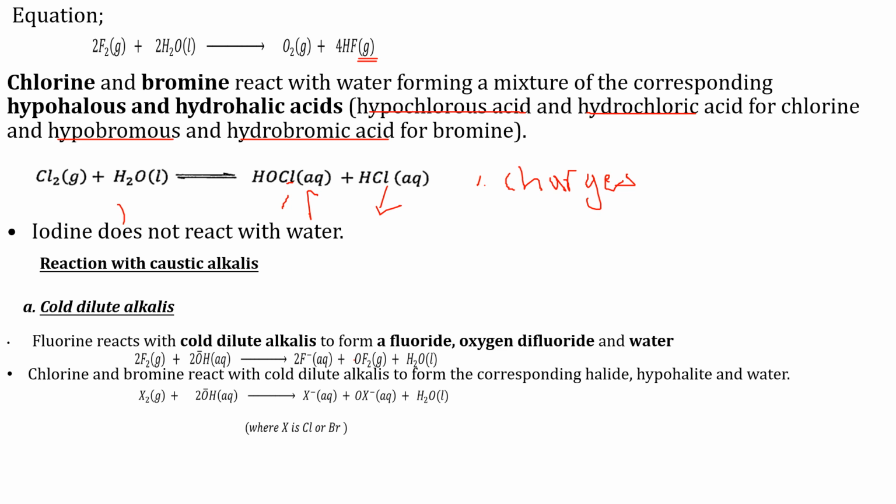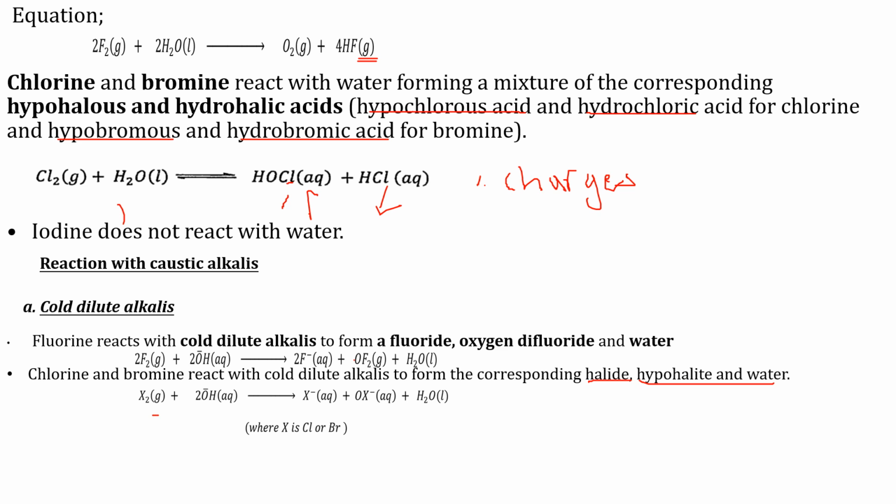So you're saying that chlorine, bromine, and iodine are all going to react the same way, and they are going to give us a halide, hypohalite, and water. So how do you read this? I told you, here I presented my equations with X, but as you are taking your notes, for those of you who are taking them, make sure that you replace X with the individual elements.